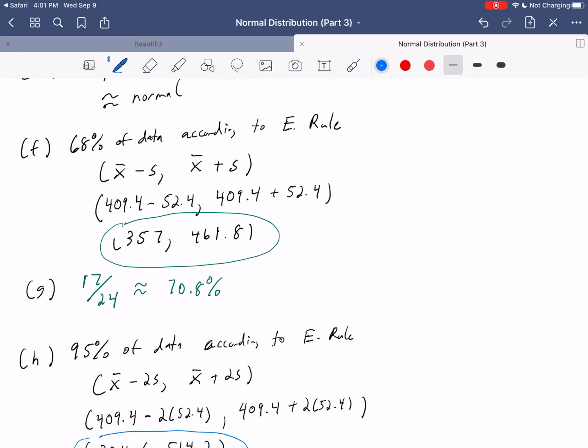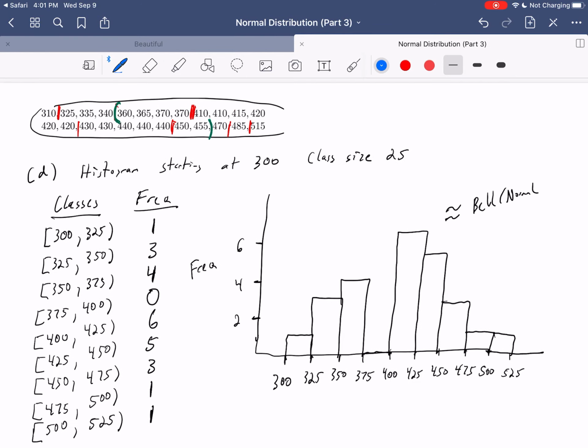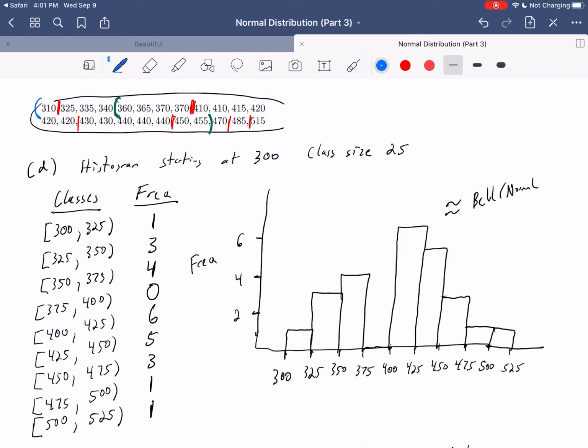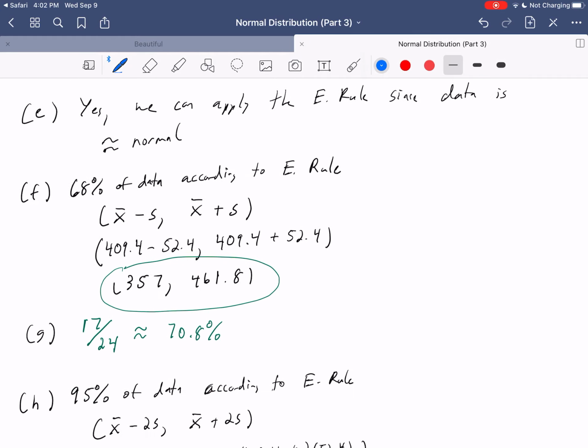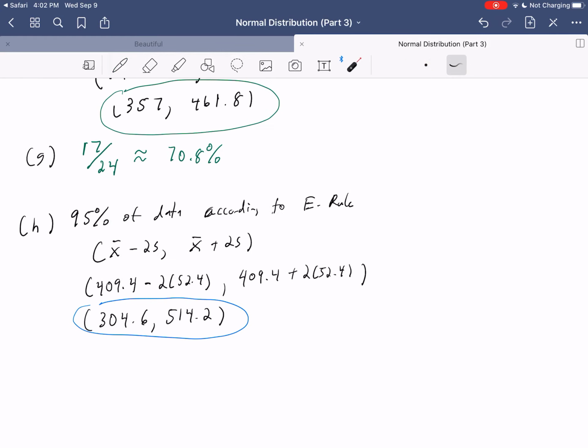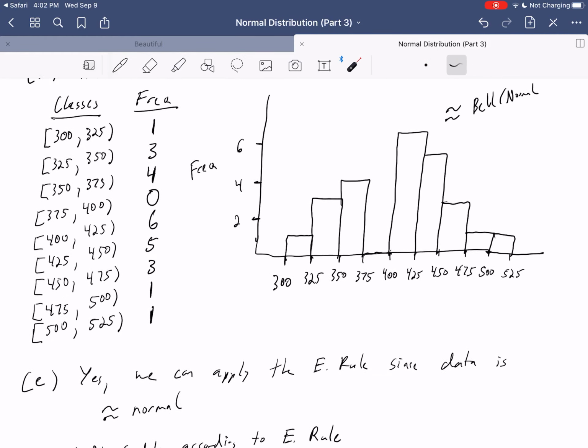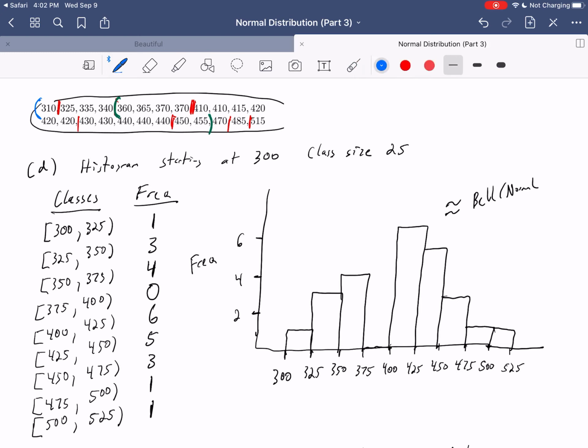So 304.6, well, that is going to catch everything on that end. 304.6 is definitely lower than 310. And the 514.2, well, it'll just barely miss that 515. So that 515 is just barely outside the 514.2.